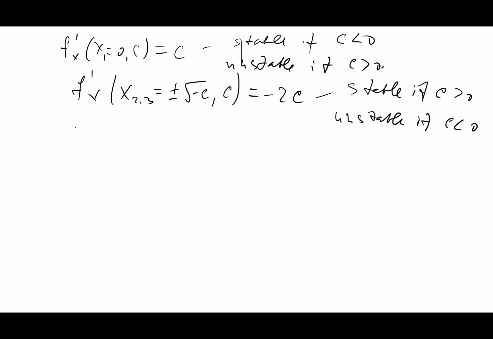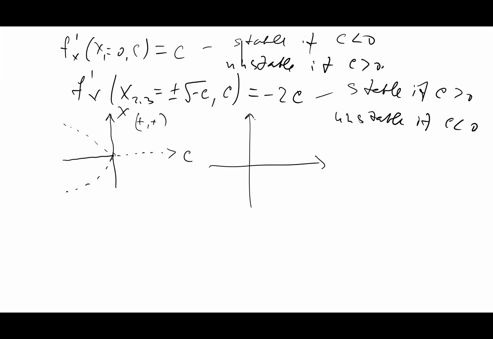And the bifurcation diagram in this case looks like this. So 0 is stable up to 0 and unstable after, and x2, x3 both unstable and exist when c is negative. This is case plus plus.